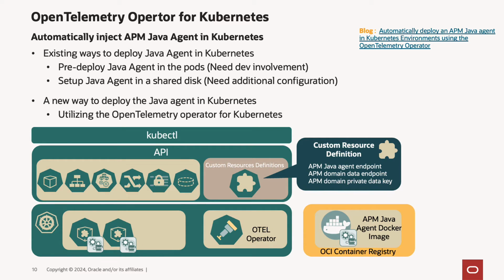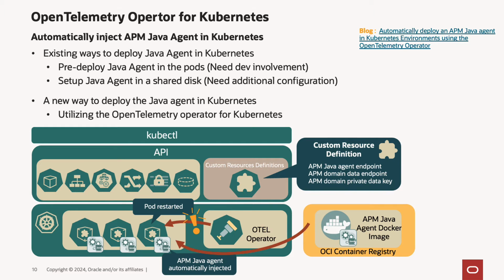Once this one-time operation is completed, when a pod is restarted or a new pod is generated, the OpenTelemetry operator detects the event and triggers the auto-injection of the APM Java agent to the new pod. And this will be done automatically to all the JVMs running on newly created Kubernetes pods.